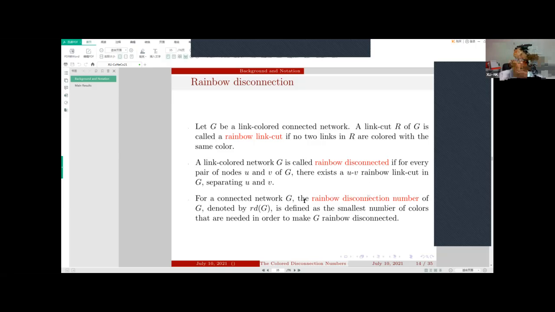So if you are given a connected network, the rainbow disconnection number is the minimum number of colors with which you can color the network so that every pair of nodes is separated by a rainbow cut.